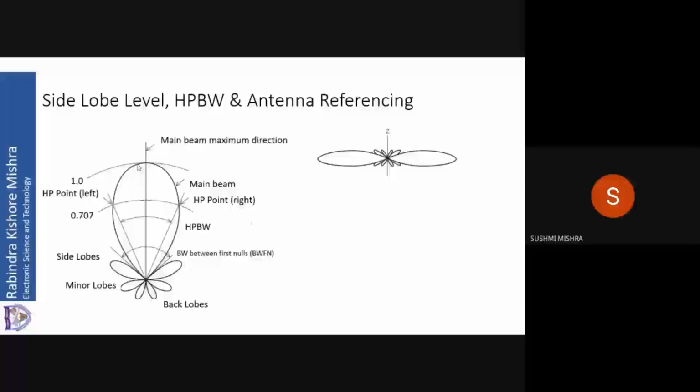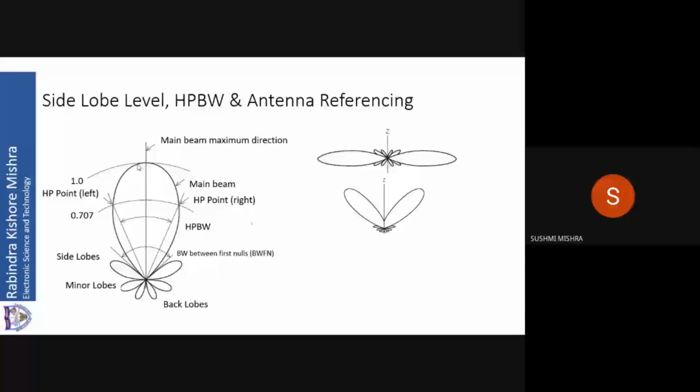Similarly, if we come down the main beam from the peak to half power, half means that if at the peak I have power 1, at this point I have power 1 by 2. How do you find power? P is proportional to E squared. So E squared is equal to 1 by 2, E is equal to 1 by root 2, which is equal to 0.707. If I am considering the power pattern, then it should be half.